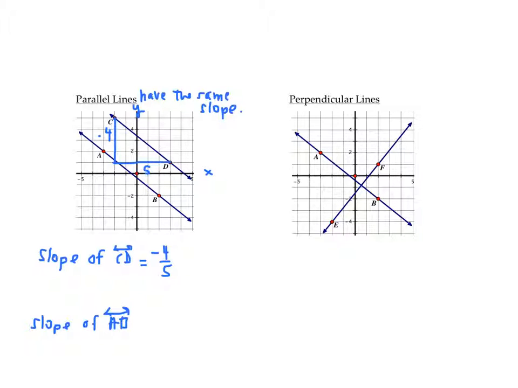And let's check out the slope of line AB. So from A to B, we want to go down 1, 2, 3, 4. So that's a change in y of negative 4. And the change in x is 1, 2, 3, 4, 5. So the two lines are parallel because they have the same slope. So we could say AB is parallel to CD.